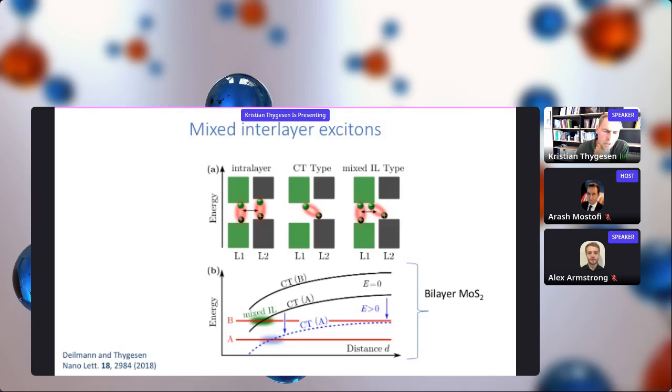Whereas the intralayer excitons are not affected by an electric field or by the distance between the 2 layers. So it's possible to bring this system into a situation where the interlayer exciton hybridizes with the intralayer exciton and forms this mixed interlayer exciton.